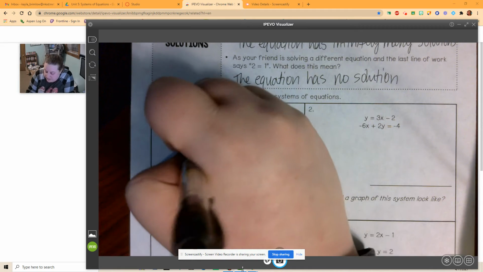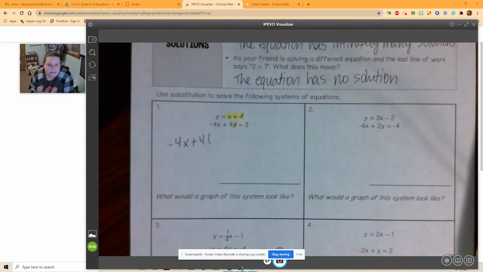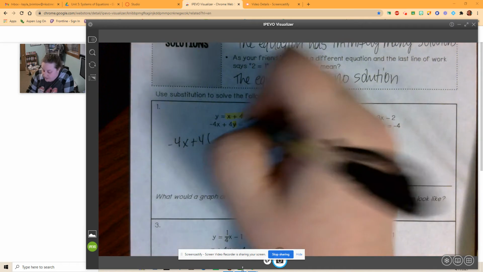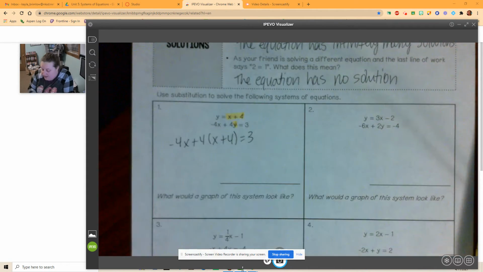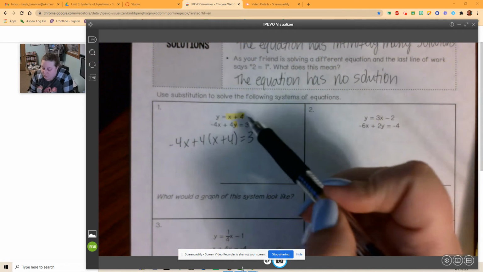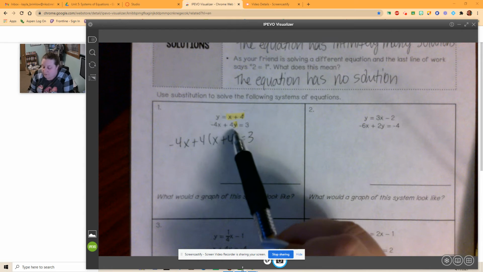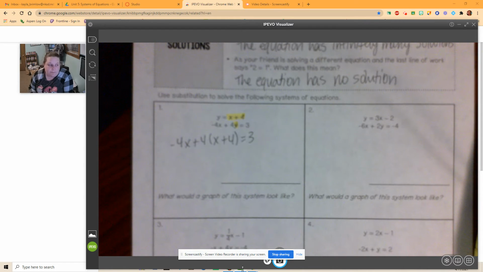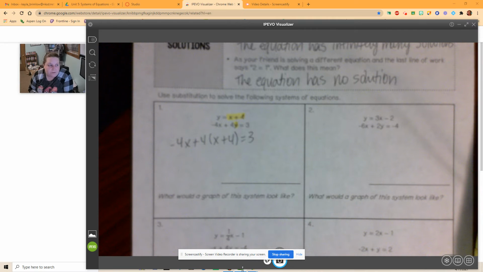So negative 4x stays the same plus 4. I'm going to open up a set of parentheses to separate my coefficient of 4 that's in front of y with my expression that I have to replace it with. Okay? So we've substituted x plus 4, what the value of y is, according to our first equation, into our second one. So now you can see the only variable we're working with is x.